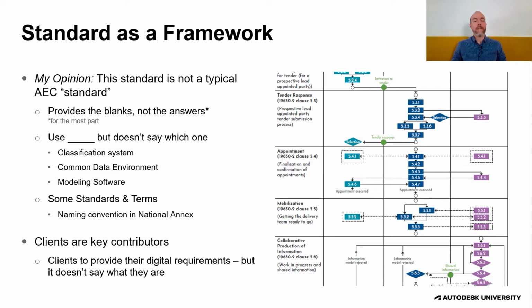So one of the key things is that you can't just apply this standard by saying, I want an ISO 19650 project, because one of the first things it's going to do is ask you, as the appointing party or the client, to define what it is you're looking for. A lot of people, when it came to BIM level 2, ran into the same problem where they said, I want a BIM level 2 job, but they didn't define anything further. This is not that sort of thing, because there are so many blanks that you have to fill in.